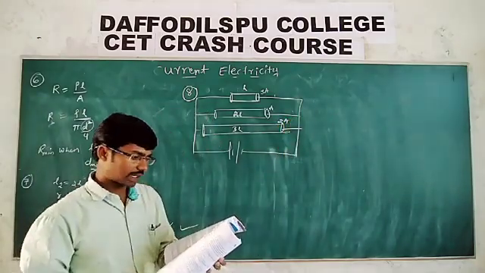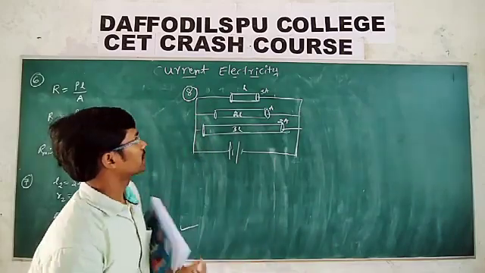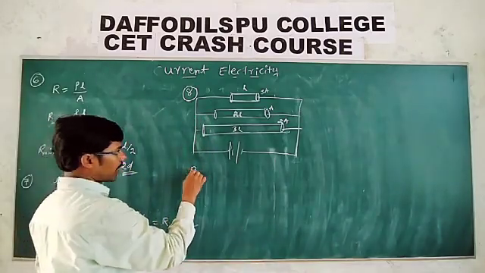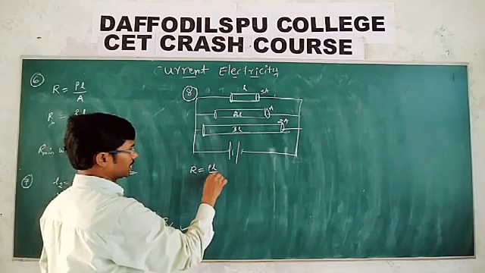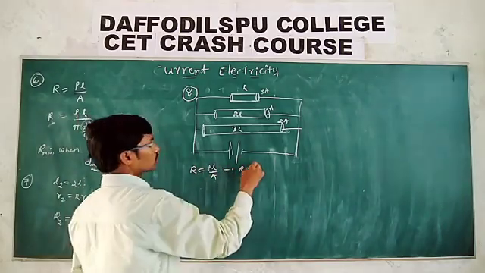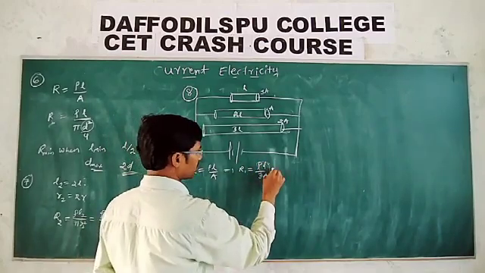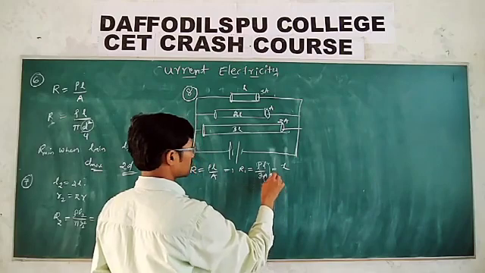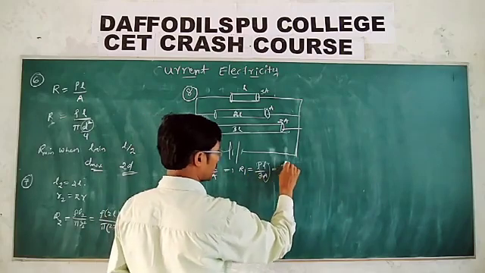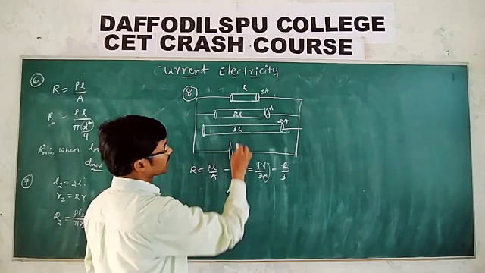Now they are asking to find the relations between the currents. Remember, R is equal to rho L by A. From this, R1 is equal to rho into L by 3A. Let me take this rho L by A as R. Then R1 is R by 3.